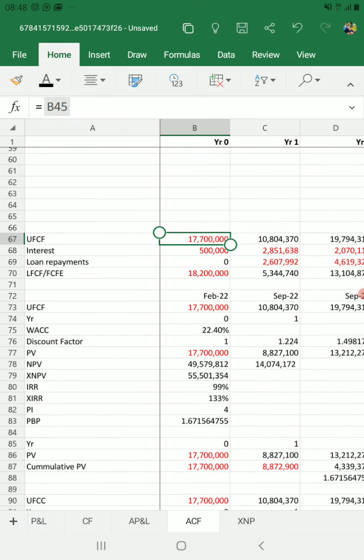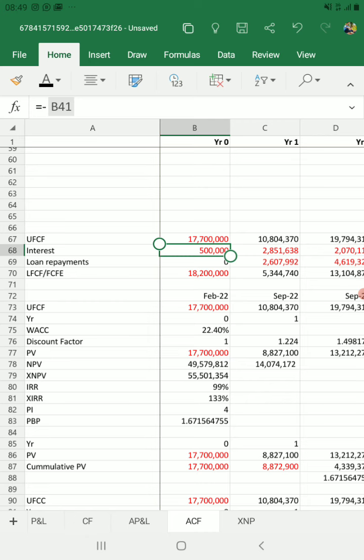we added loan interest, but this loan interest needs to be after tax because we are now establishing levered free cash flow that is attributable to equity holders only, and the interest component actually provides a tax shield because interest is tax deductible.